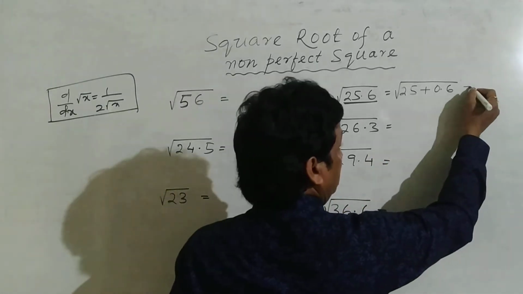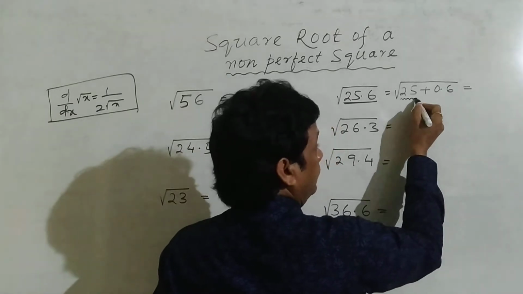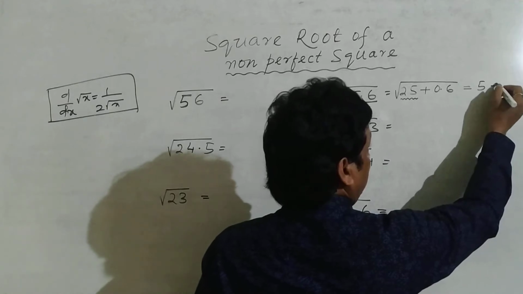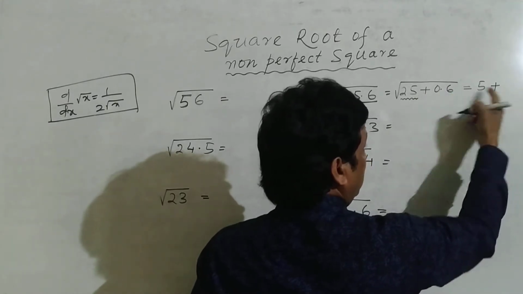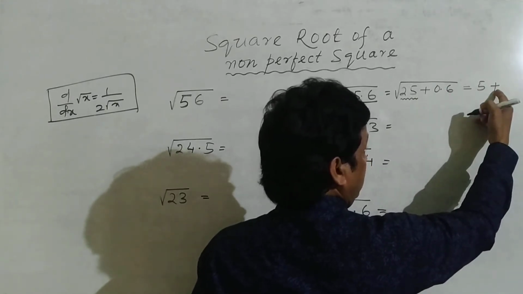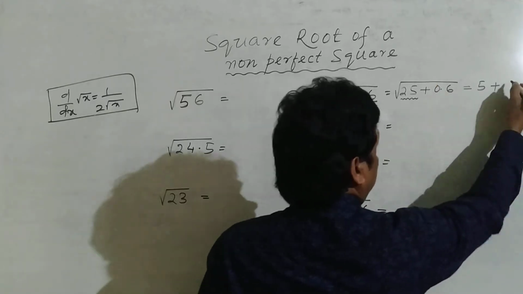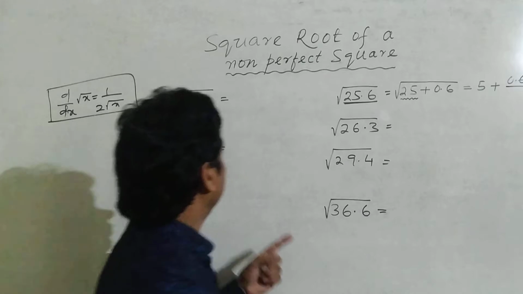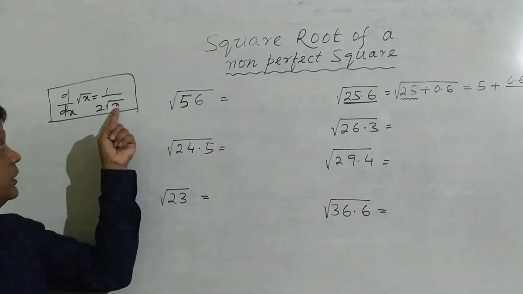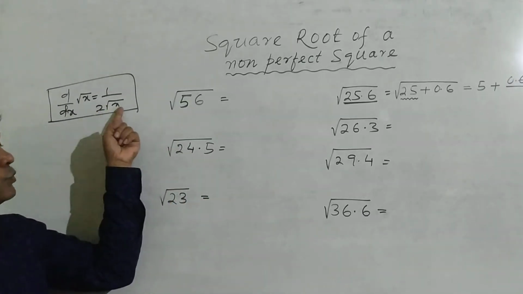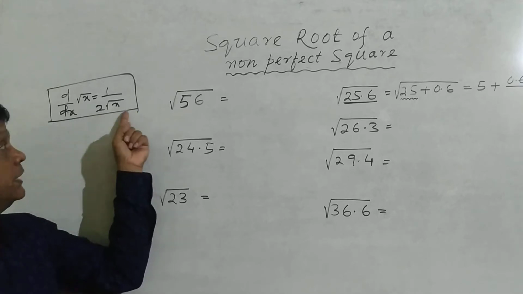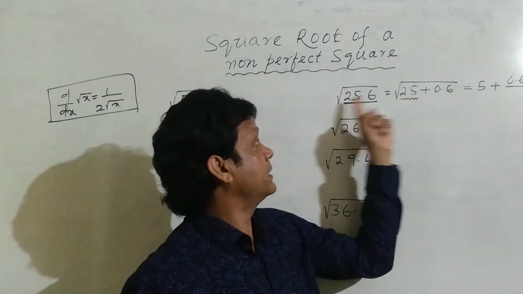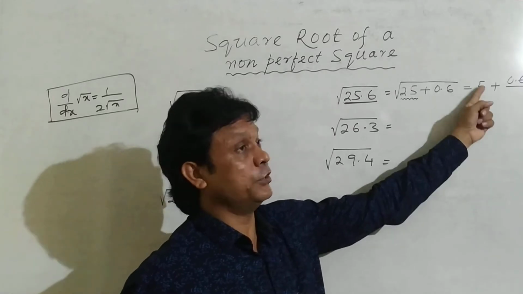The square root of 25 is 5. Then, if it is plus, write plus; if it is minus, write minus. Then write this number, 0.6, divided by 2 into the square root of x, and here x is 25.